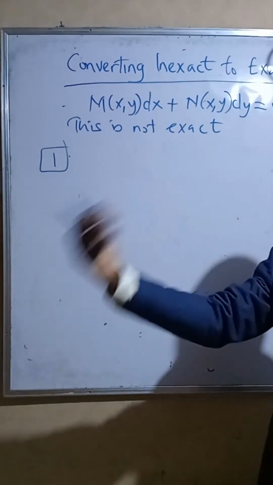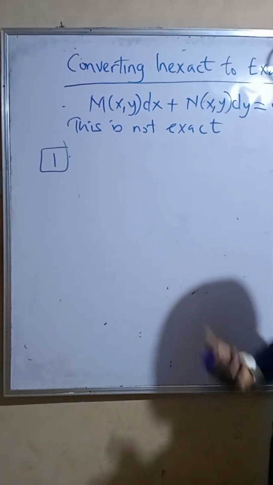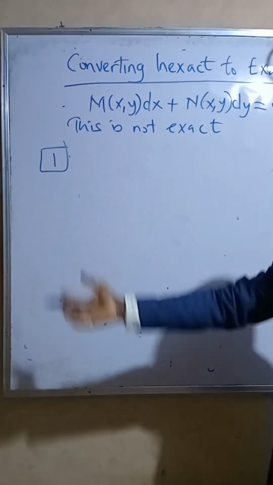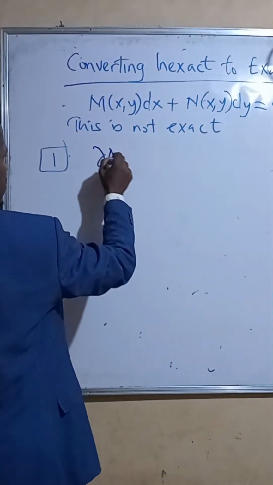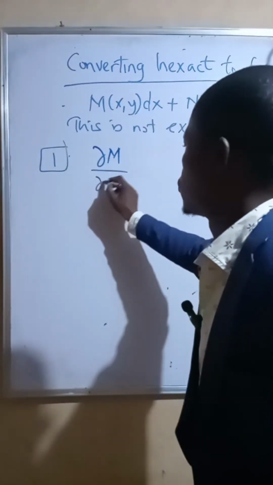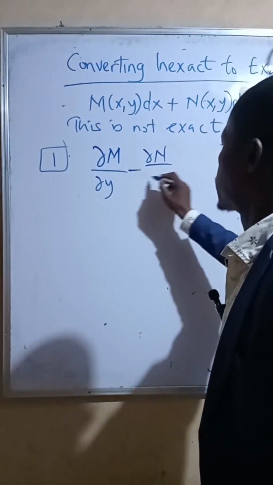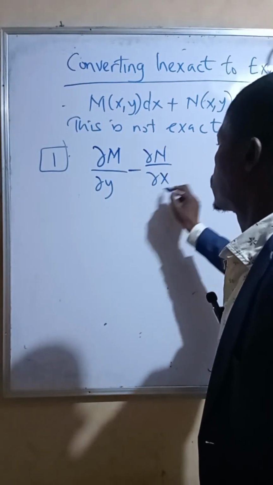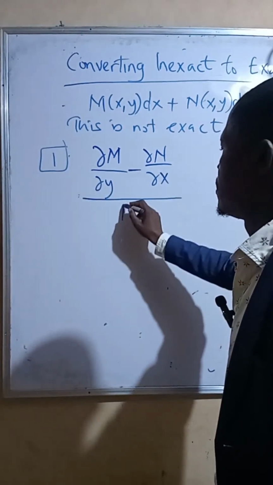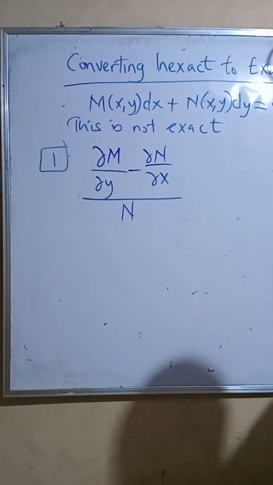Your integrating factor is not given, so you have to determine it. So you can use the formula to do that. The first one will be partial differential of m with respect to y minus partial differential of n with respect to x, all over n.